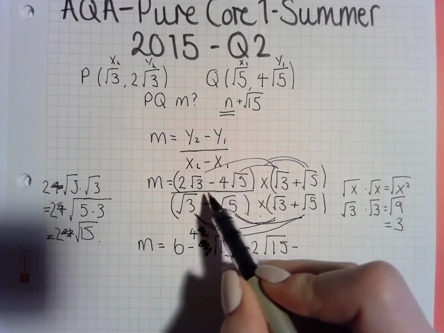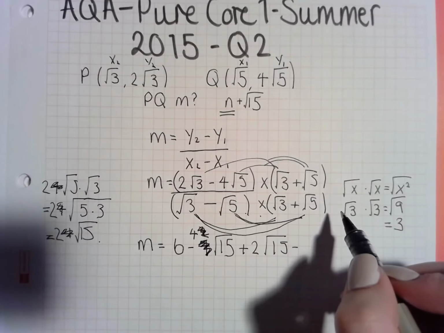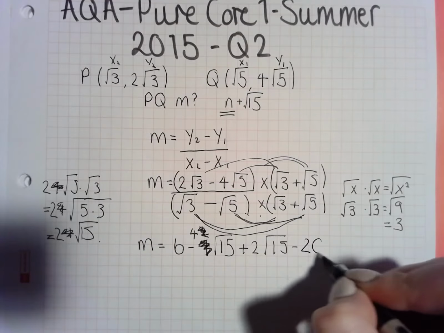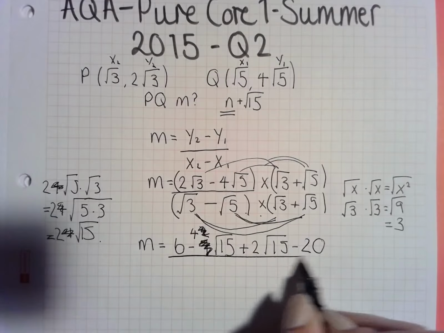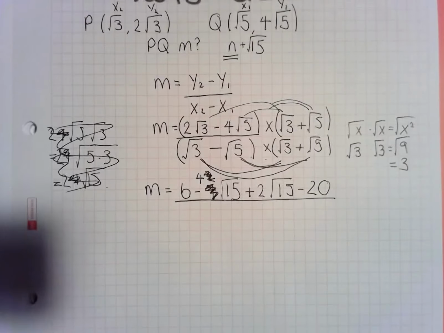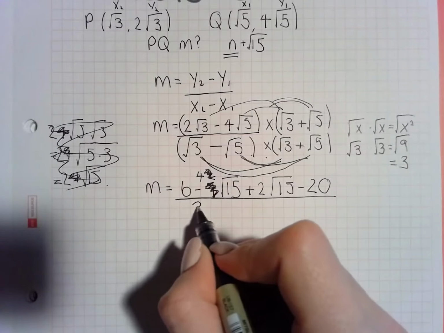So now what we're left with is minus 4 root 5 times root 5. So again, that just ends up being minus 4 times 5, which is 20. And then the denominator, so this is still 4, but let's just leave that out now. The denominator is root 3 times root 3, 3.